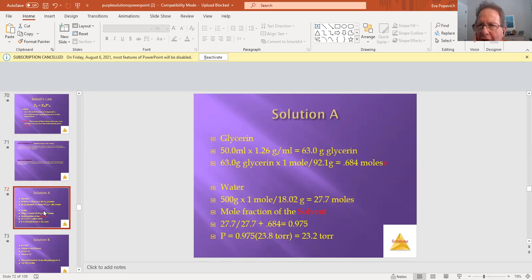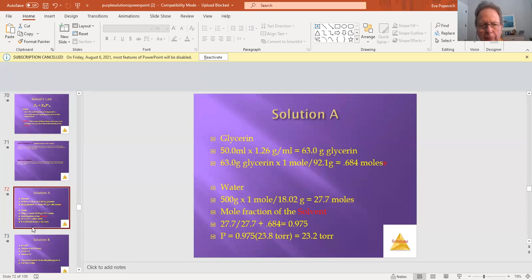I'm going to take 27.7 and divide that by 27.7 plus 0.684. I get that mole fraction: it's going to be 0.975. Manuel, finish it up. Feel good about finishing the problem up. So you said 0.975? Yeah, that's the mole fraction.